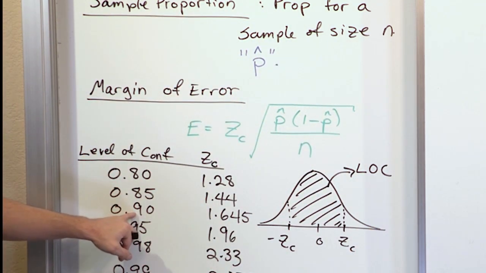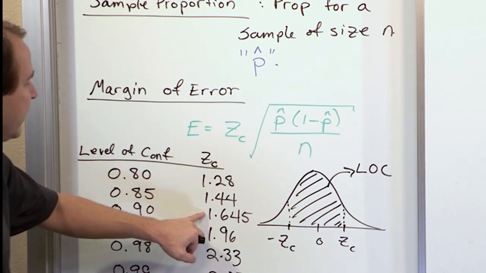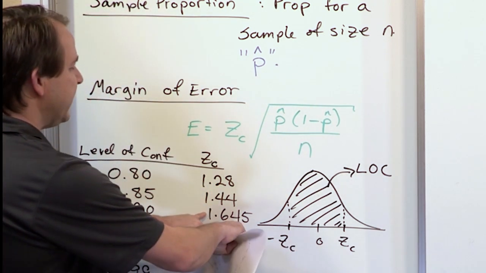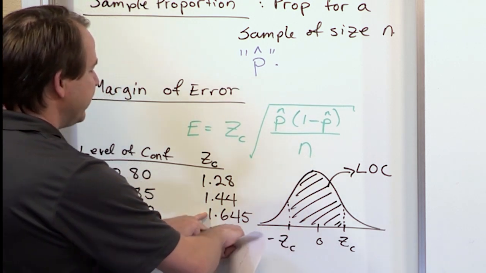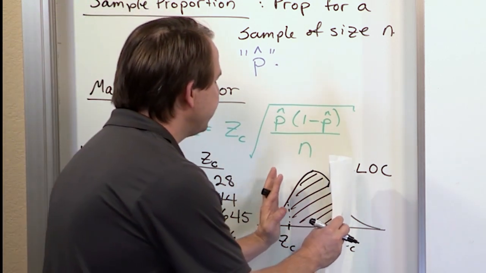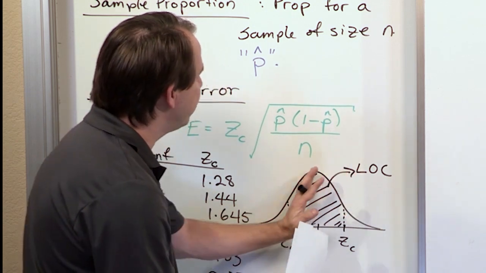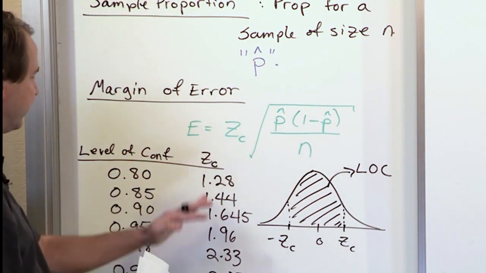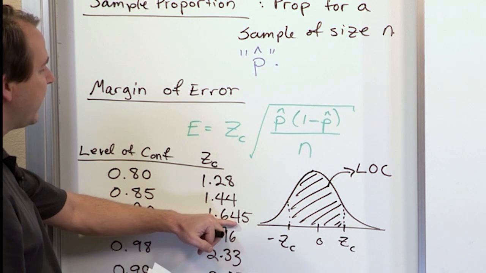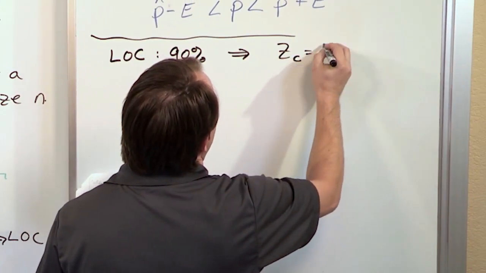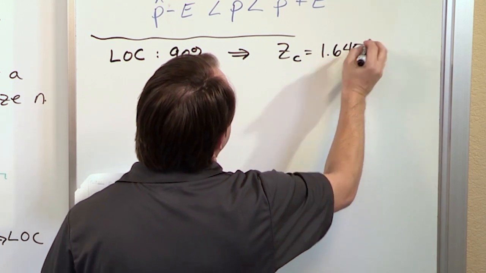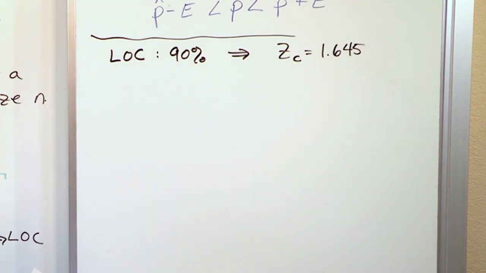If the level of confidence is 0.9, then this value of z is 1.645 and this value is negative 1.645. If you look at a normal distribution between those numbers, the area between is exactly 0.9. That's how this table is constructed. So the critical value of z is 1.645. That's important. So we have z sub c.